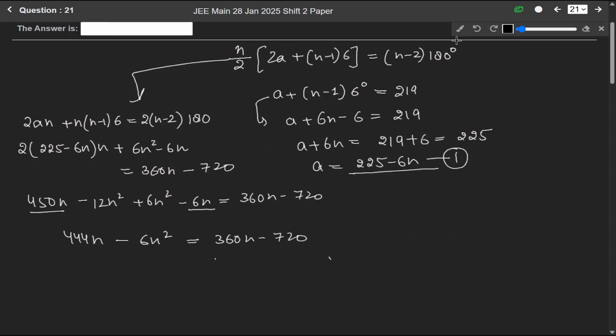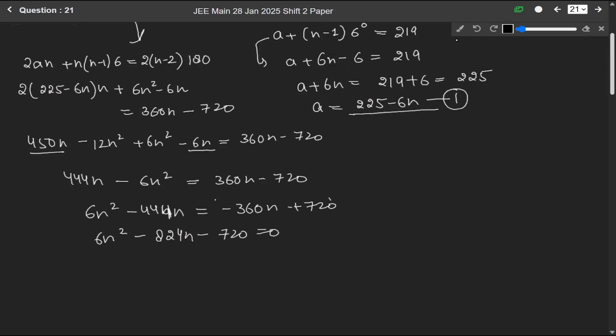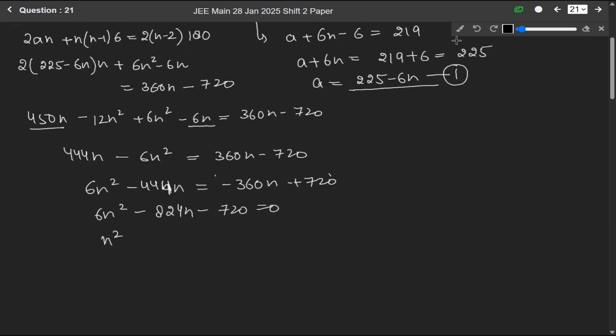If we multiply both sides by minus, it will be 6n square minus 444n, minus 360n, plus 720. Okay. So 6n square minus 804n plus 720 will be equal to 0. Now taking 6 common, it will be n square minus 134n plus 120 equal to 0.